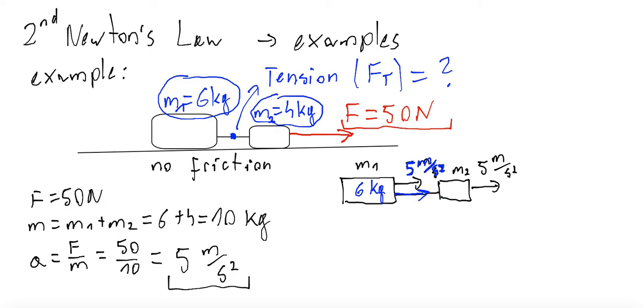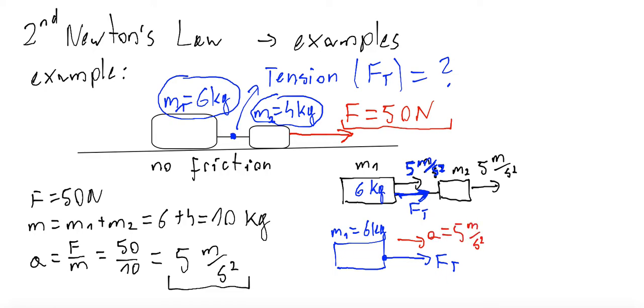We know that M1 experiences only one force, a tension. So we have an object of mass 6 kilograms experiencing a force of tension, and due to this force of tension it travels with an acceleration of 5 meters per second squared. We know the acceleration and the mass, so we can calculate the force, because force is mass times acceleration.